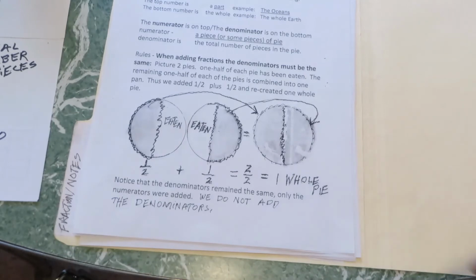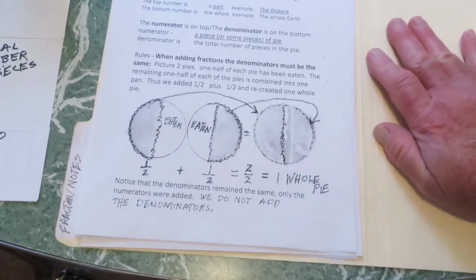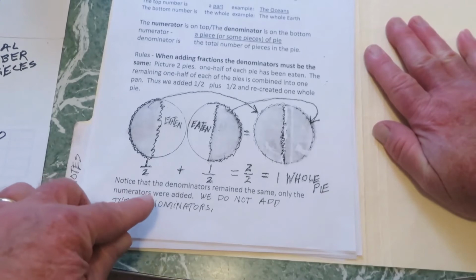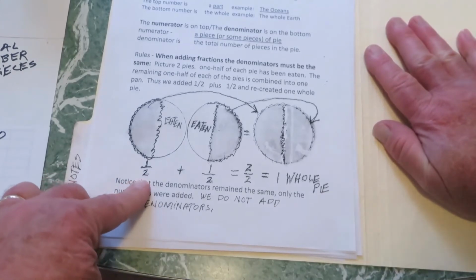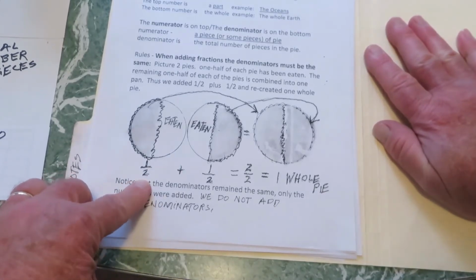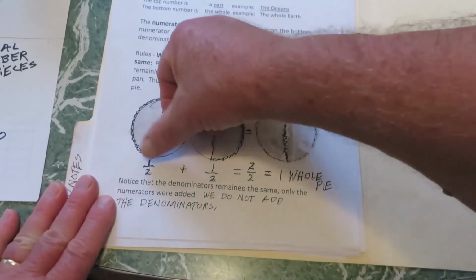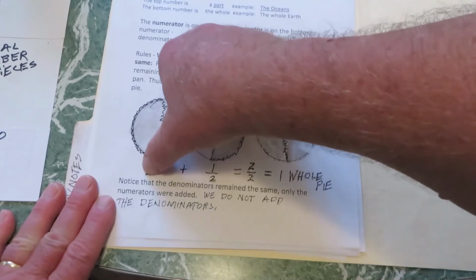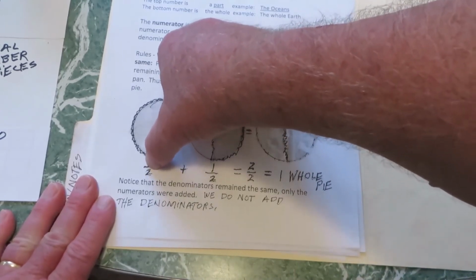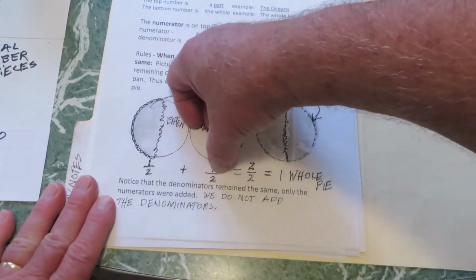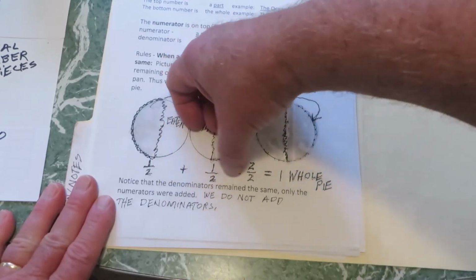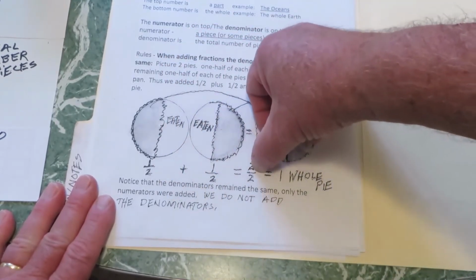And notice when we added 2 fractions together, we had 1/2 plus 1/2. When we did the addition, notice that if you go across, the 2 did not change. The supposed to be 2, we didn't add the 2's. The final answer has a 2 in it.